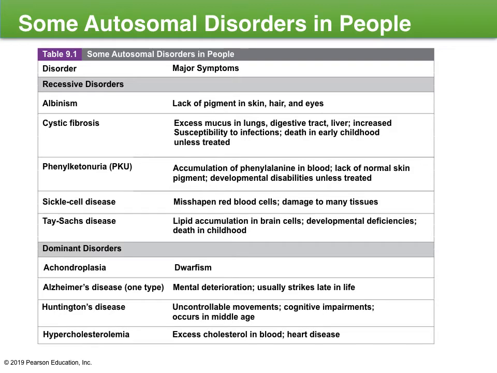Same sort of thing here with this type of Alzheimer's. Usually strikes late in life, so the person's already had children. So yeah, it's a dominant disorder, and it's very probable they passed it along to their children. Dwarfism is kind of interesting. This type of dwarfism is interesting because 2 copies of the dominant allele, homozygous dominant, is lethal.